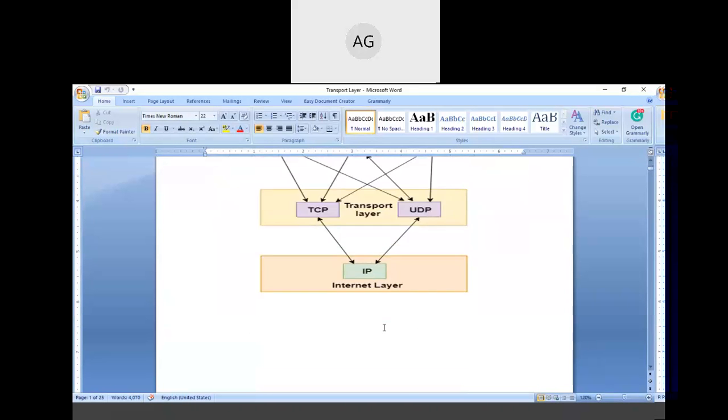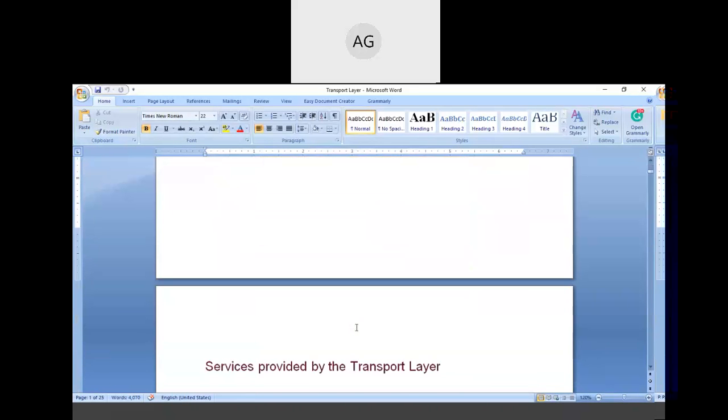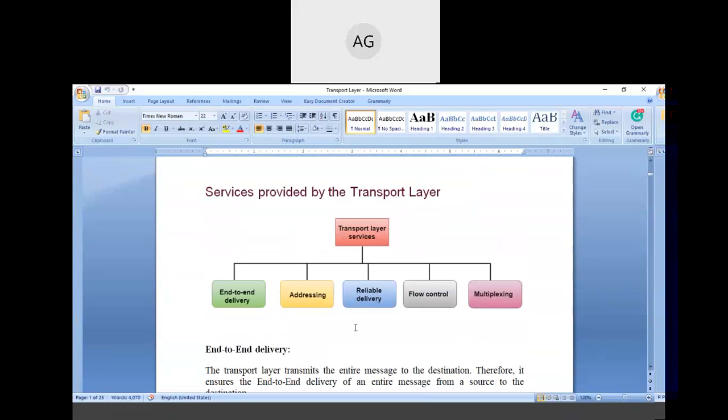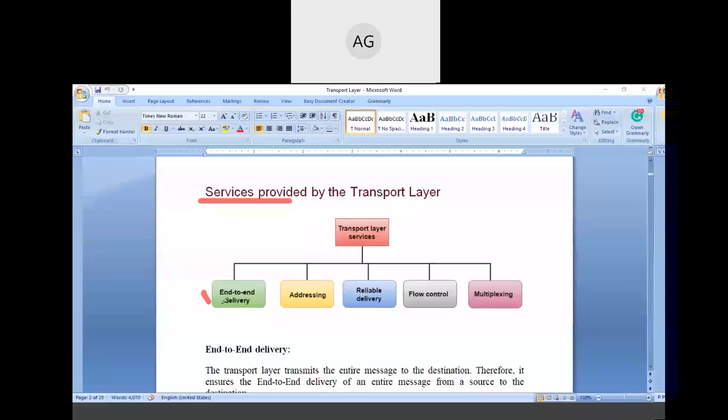So moving forward, the next topic is services provided by the transport layer. As you can see in the diagram, there are five major services provided by the transport layer. First is the end-to-end delivery of the message.